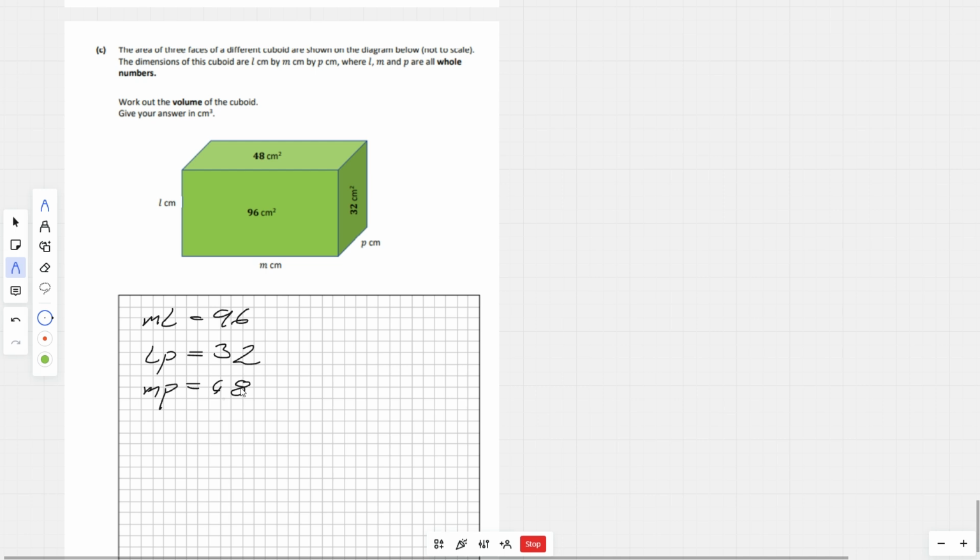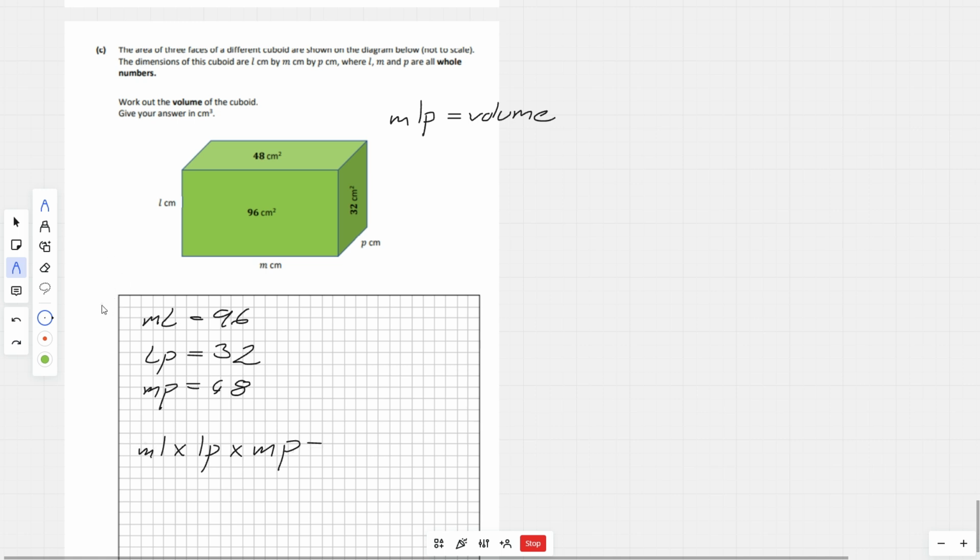Now, let's have a think about this. The volume of the entire cuboid will be MLP. That will be the volume. Now, let's see what happens if we multiply all of these by each other. So I'm going to do ML multiplied by LP multiplied by MP.